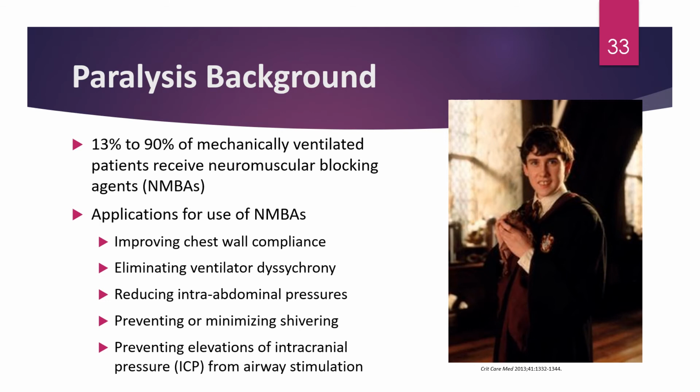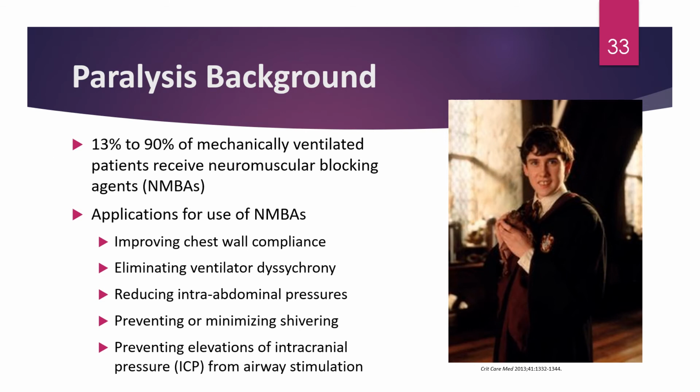Obviously, you saw in that picture earlier that endotracheal tube is relatively big. It's not going to fit necessarily like a puzzle piece into that throat. We want to make sure that we're doing it very carefully. And if we paralyze the patient with a paralytic agent, we can facilitate that tube going down that patient's throat.